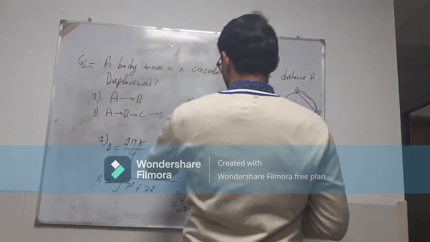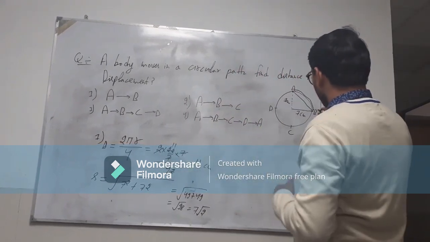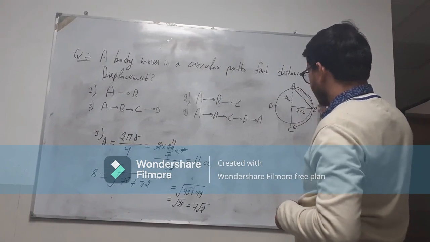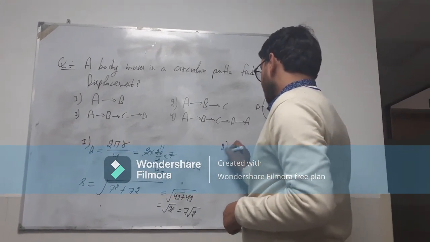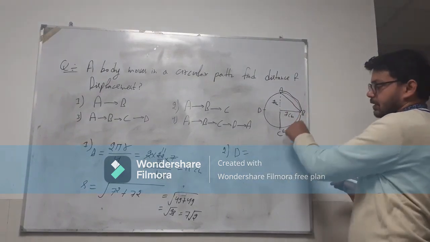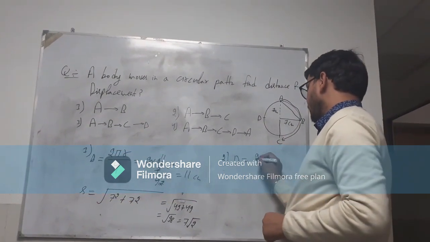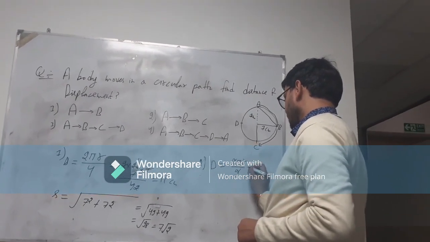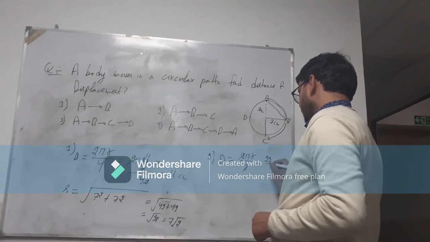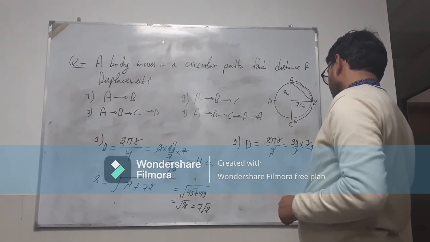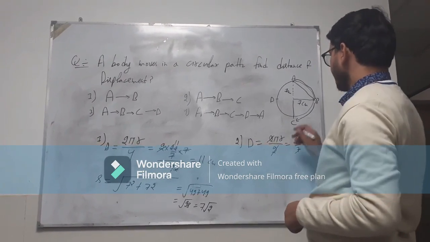Now in the next case, the person moves from A up to C. How much distance is covered? That is half of the circle, 2 pi r divided by 2. With pi as 22/7 and r as 7, the distance is 22 centimeter.